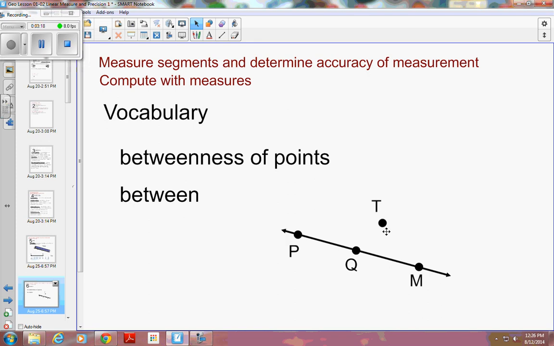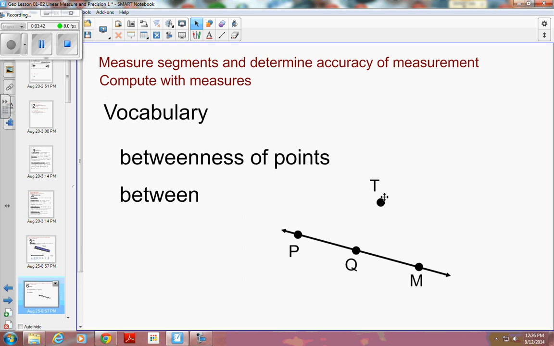So if I put T down here, T would be between Q and M. It also would be between P and M. Okay? If I put it over here, it would be between P and Q and between P and M. But if it's off my line, it is not between. Even if I'm really close here, it is still not considered between unless it is on the line.